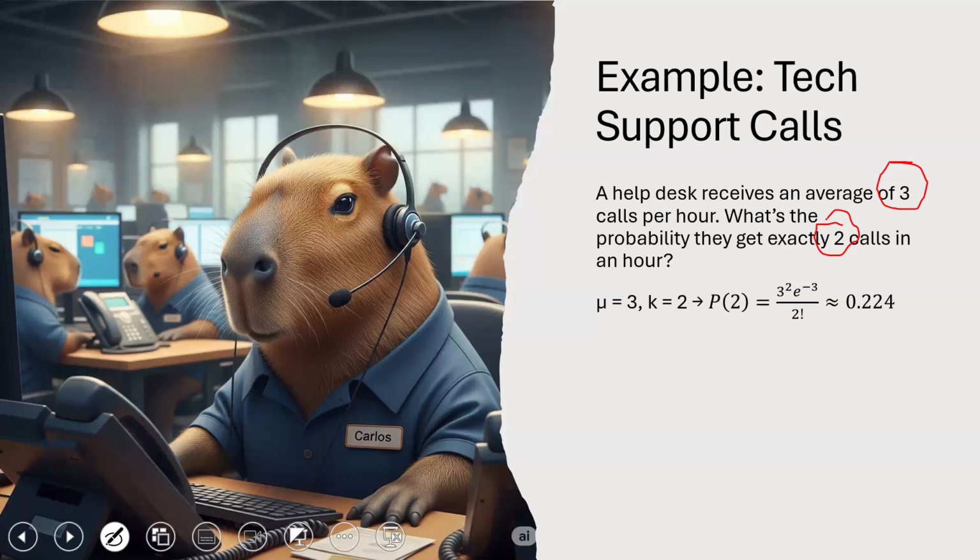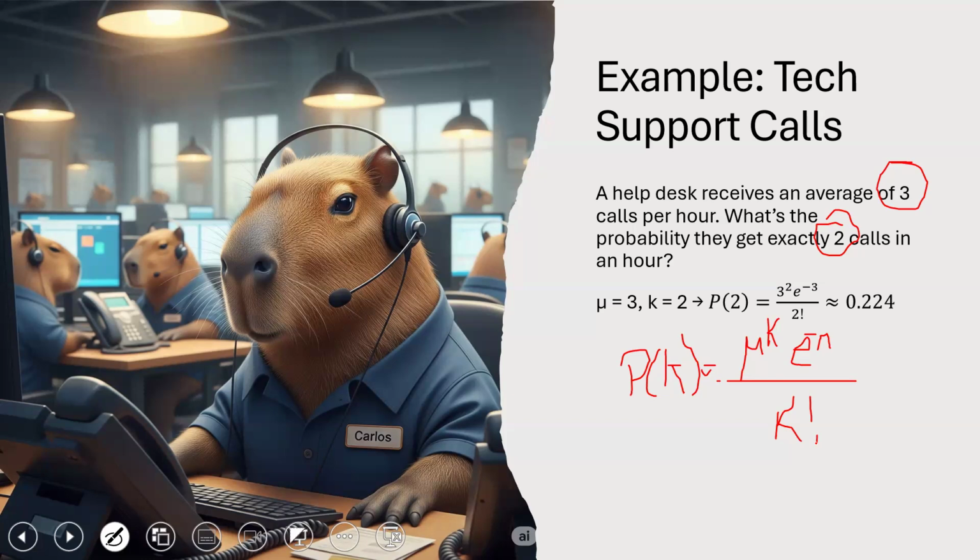So we're plugging into that formula: the probability of X being k is mu to the k, e to the negative mu, over k factorial. So 3 squared, e to the negative 3, over 2 factorial. If we plug that in, that's about 0.224.